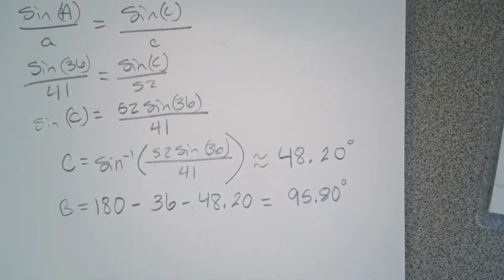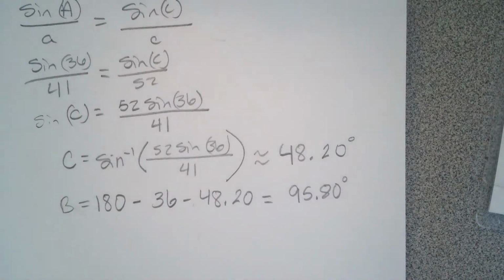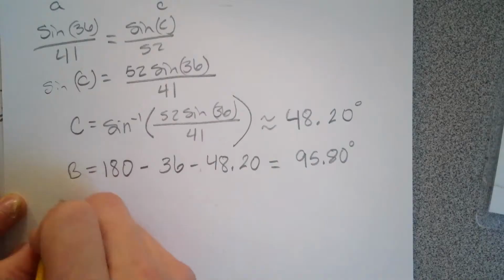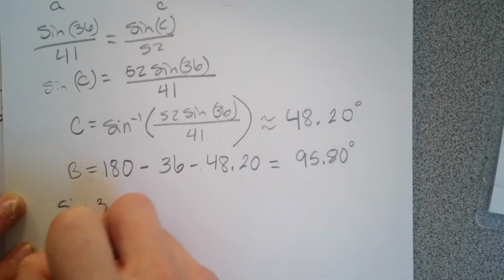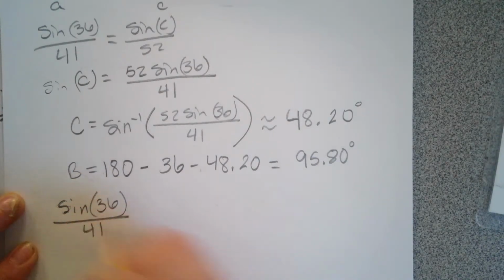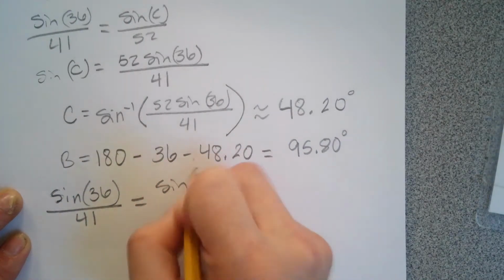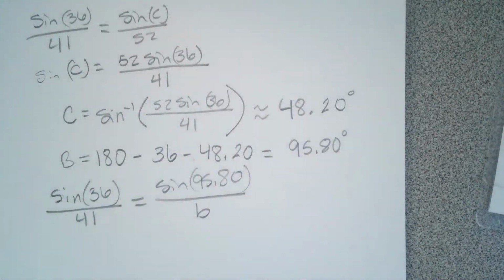All right. Now what? Use law of sines to find the remaining side, right? I like to go back to the original information so that it's exact. So I'm going to do sine of 36 over 41 equals sine of 95.80 over side B. Cross multiply, divide by sine of 36 to get B all by itself.